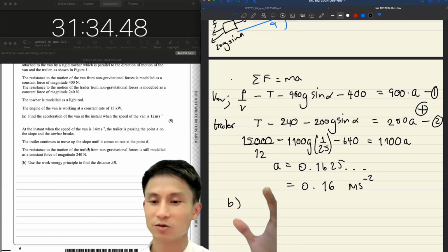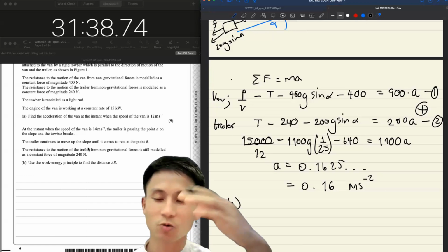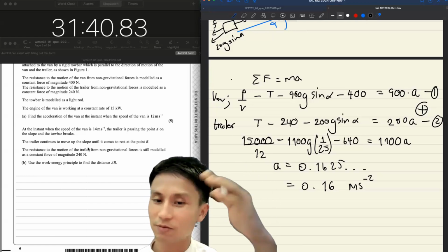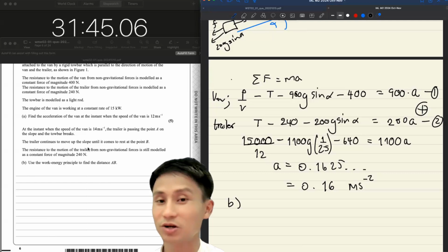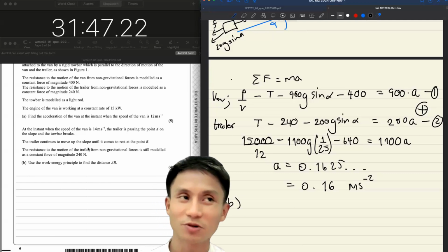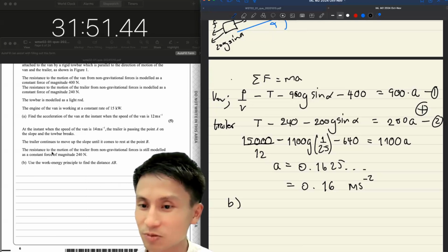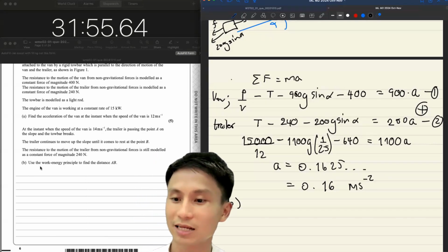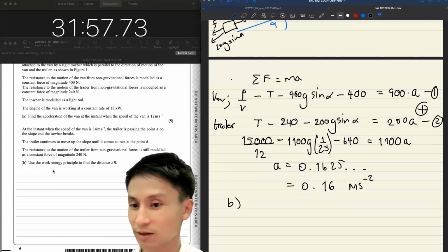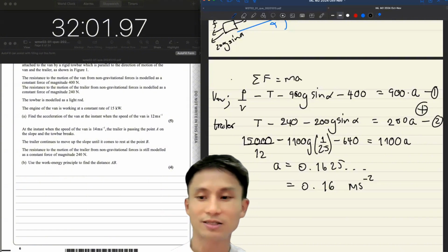So you imagine when the tow bar breaks, the van will of course keep going up, but the trailer is going to keep going up with some inertia, and then it's going to stop somewhere and then slide back down, I guess. The resistance to motion of the trailer from non-gravitational forces is still modeled as a constant force of magnitude 240. That's talking about the trailer. Use the work energy principle to find distance AB.